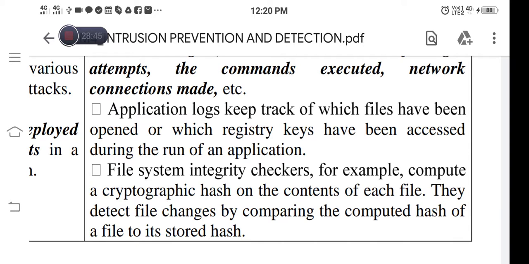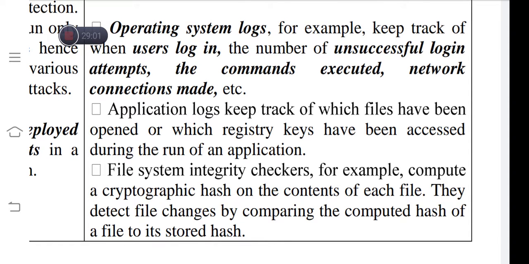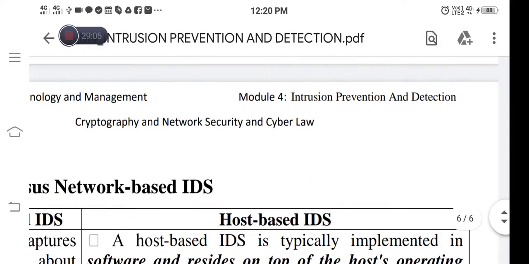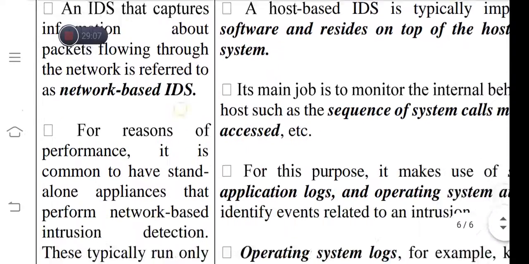They detect file changes by comparing the computed hash of the file to its stored hash. So that is how the integrity check will be done on the file system. Again, all of this is done on the host system itself, right? So only these are known as host-based IDS.